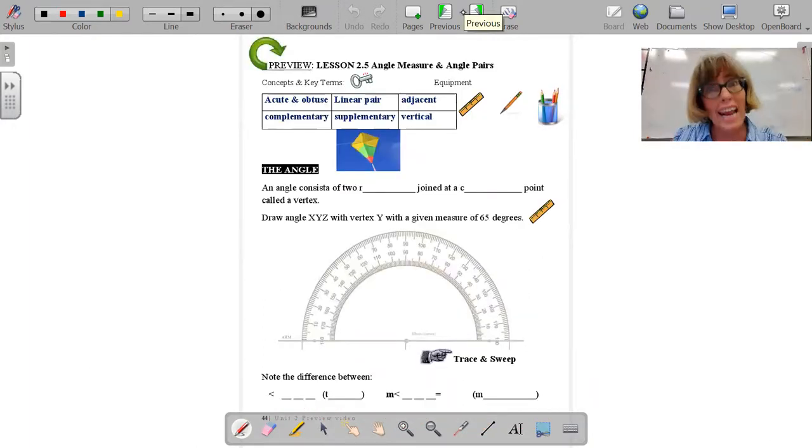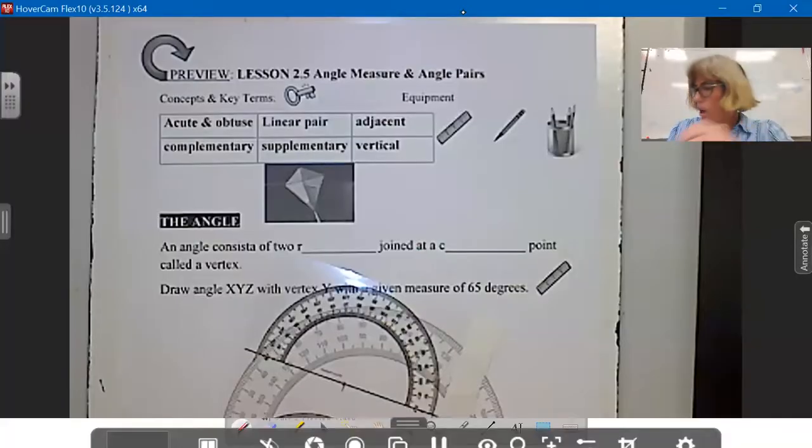Angle properties. Sorry about that, friends. Let's take a look at what an angle is.